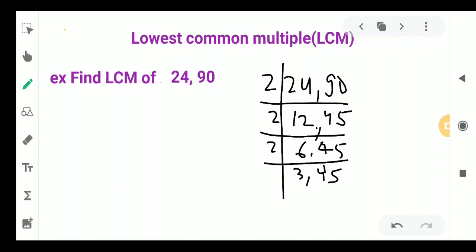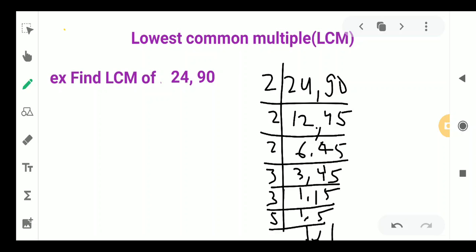Now these two numbers 3 and 45 are divisible by 3, so we will take 3 here, 3 times 1 is 3, 3 times 15 is 45. Now again 3, 1 and 5. Now we can take 5 here. That will come 1, 1. So this is the prime factorization of this.